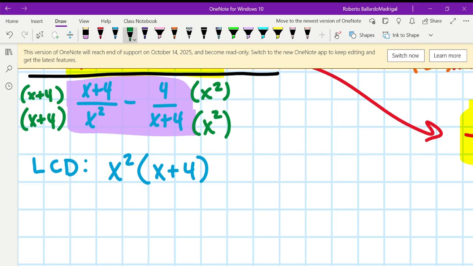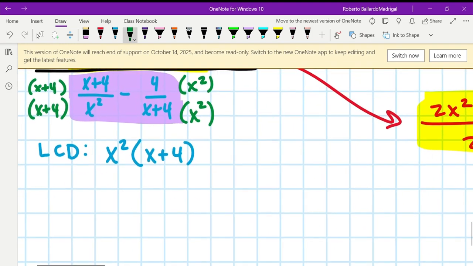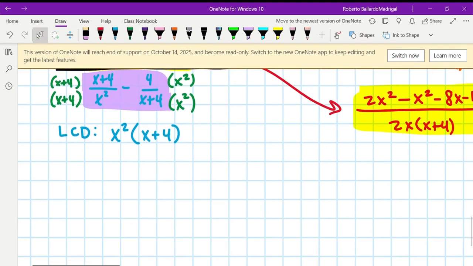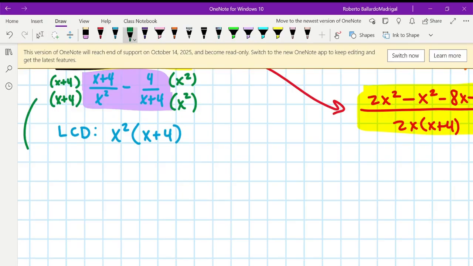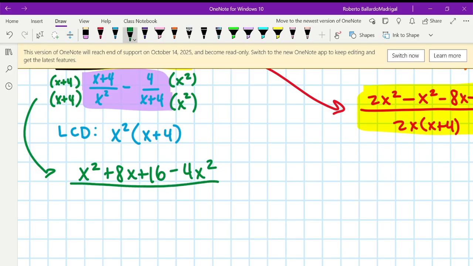All right. We don't have to do x plus 4 times x plus 4 the long way again because we already did it on the other side with the area model. So you just kind of write what it was equal to. So this is going to be the following. Now this becomes, we said it was x squared plus 8x plus 16 minus 4x squared over your LCD of x squared and x plus 4.